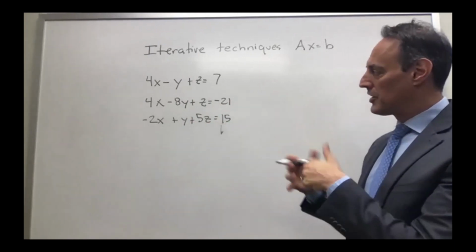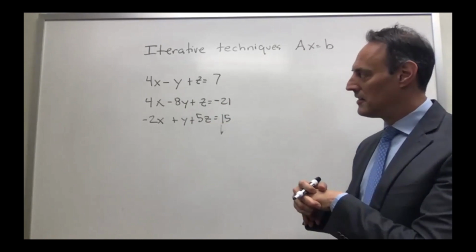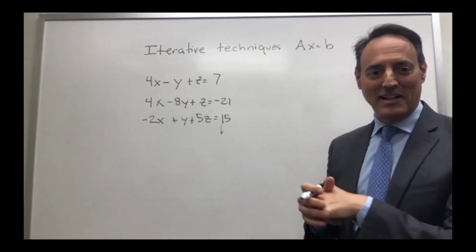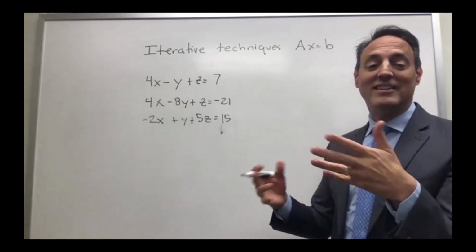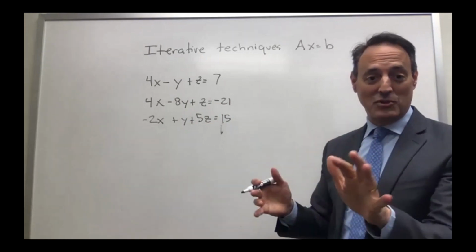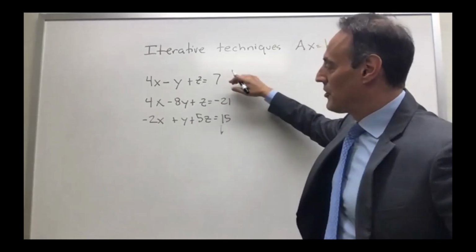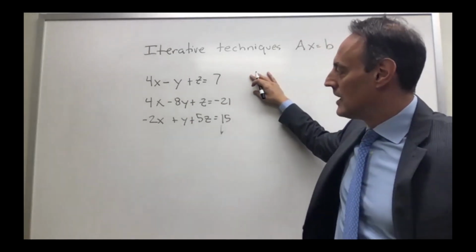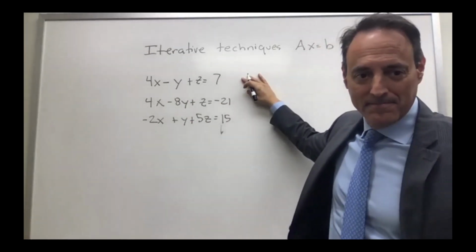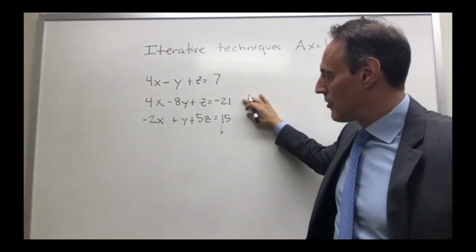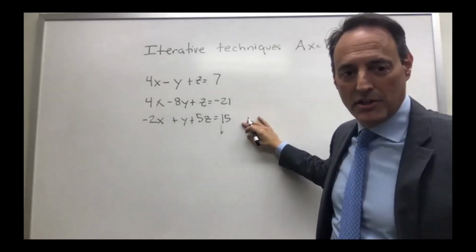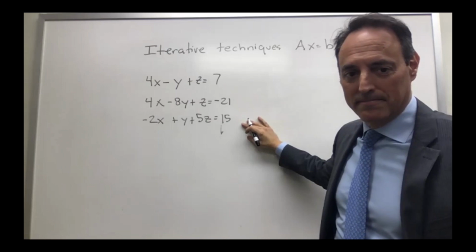What I'm going to do is something interesting, well, interesting is a relative term, but let's just play along. From the first equation, I'm going to solve for x. From the second equation, I'm going to solve for y. For the third equation, I'm going to solve for z.